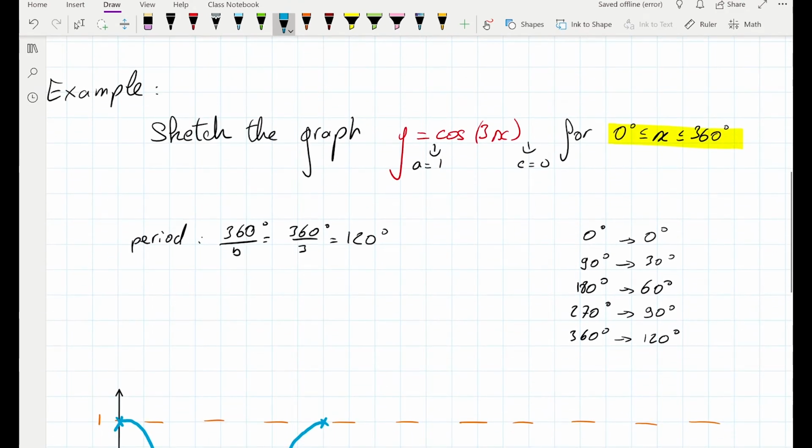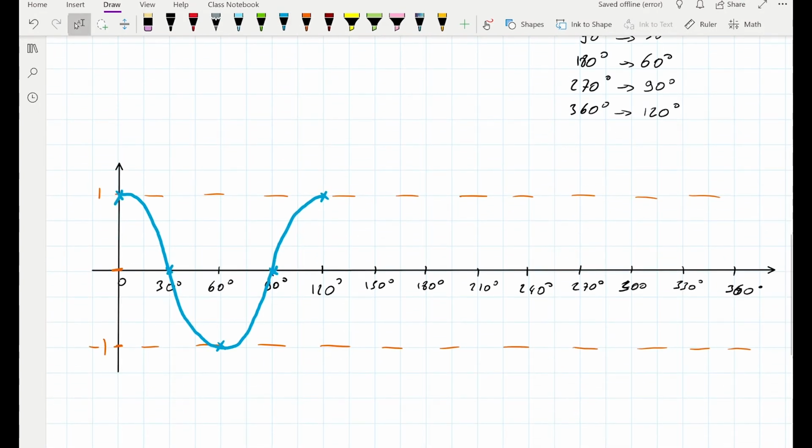If you remember, we said that we go from 0 to 360, but here in one period I only went from 0 to 120. So I'm going to continue until I get to 360. Cosine is a periodic function, so I'm going to repeat this pattern over and over again. So I start at the top, I go to the axis of the curve, minimum, axis of the curve, top.